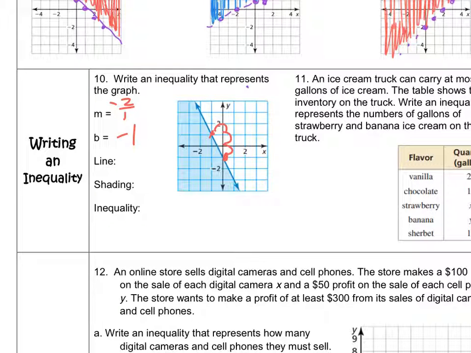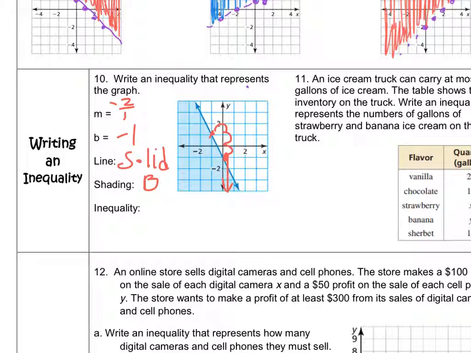So I now know my m and my b. So I can write my inequality using my m and my b. Now I need to decide, is this line being shaded above or below my line? Well, if I put my pencil back on my y-intercept, my shading is actually going down, so it's below. And my line is a solid line.